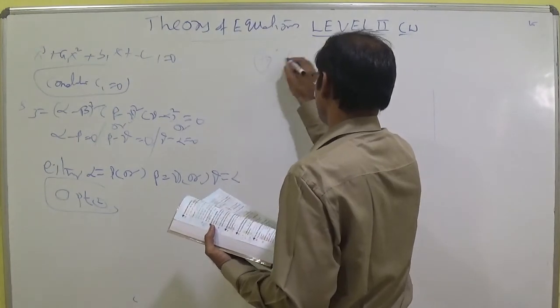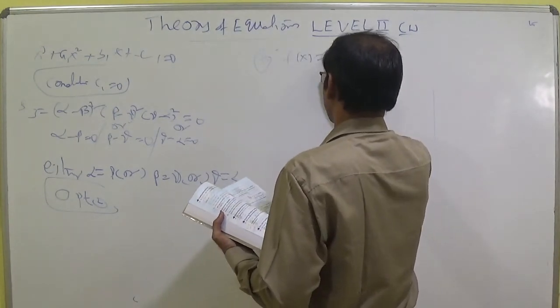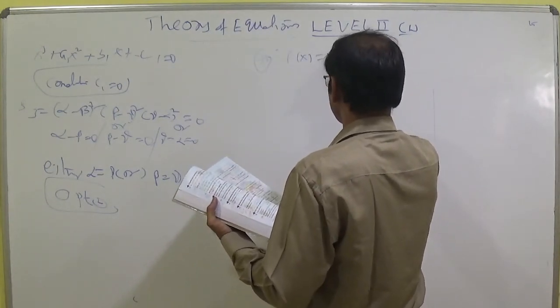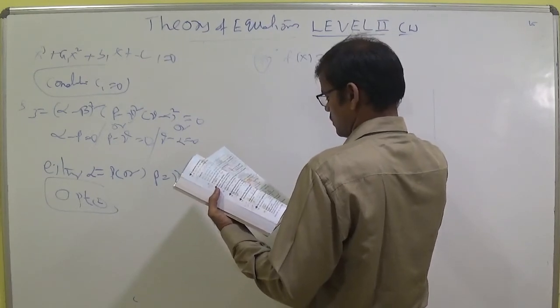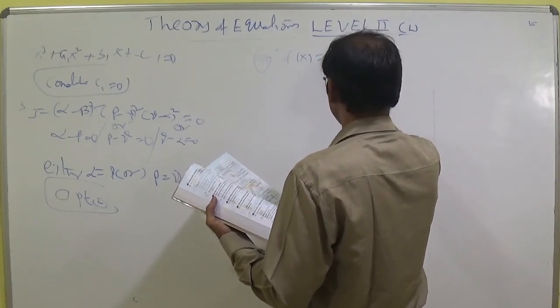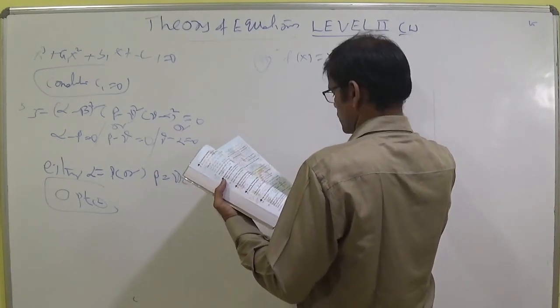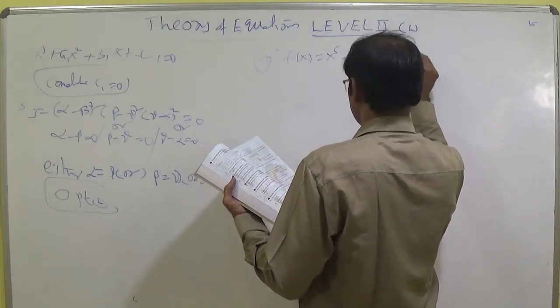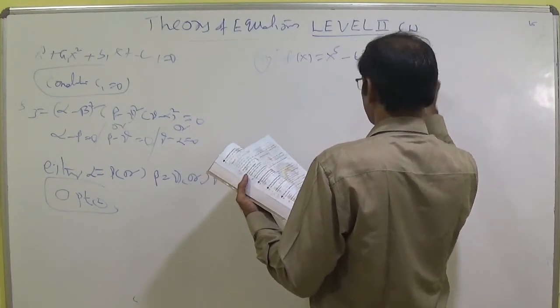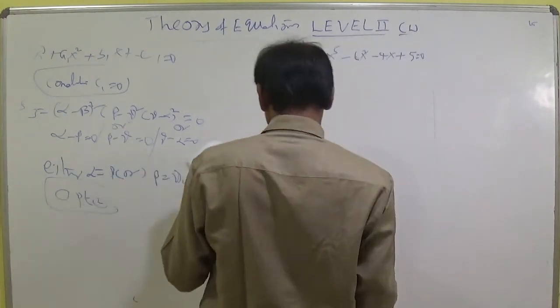f of x is x power 5 minus 6x square minus 4x plus 5 equal to 0. Maximum possible number of real roots.